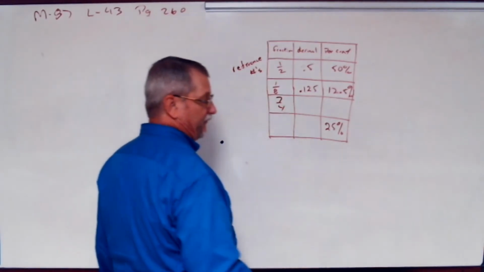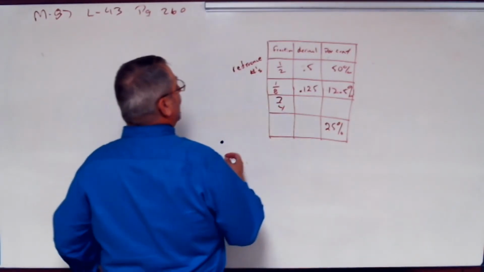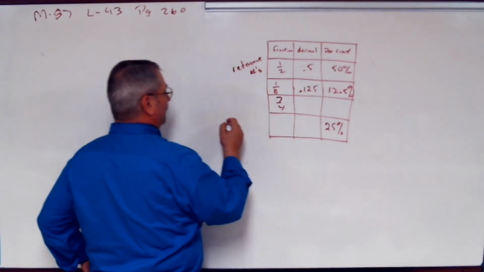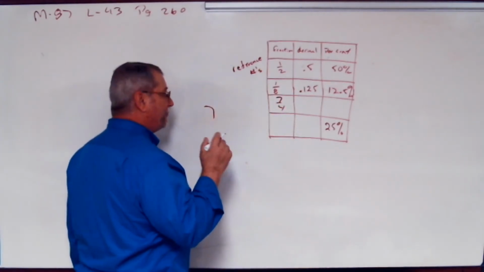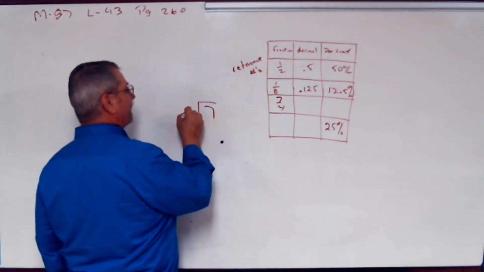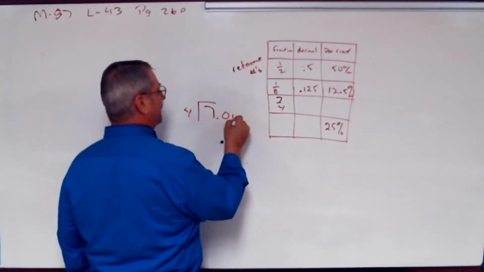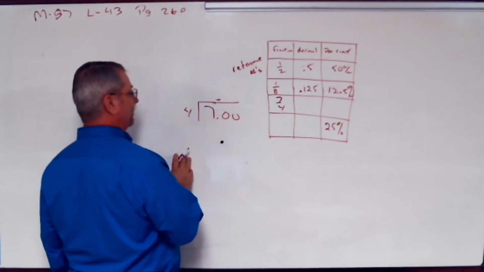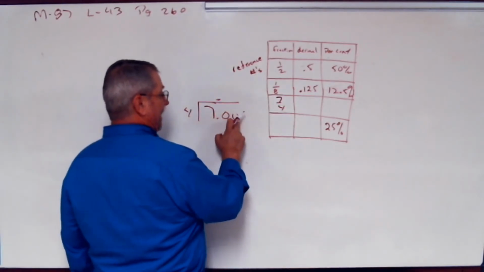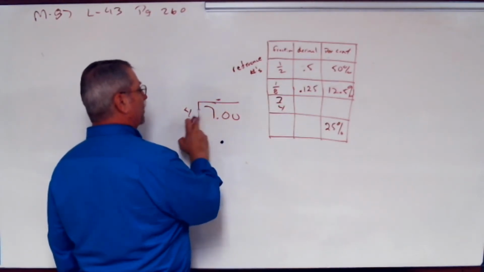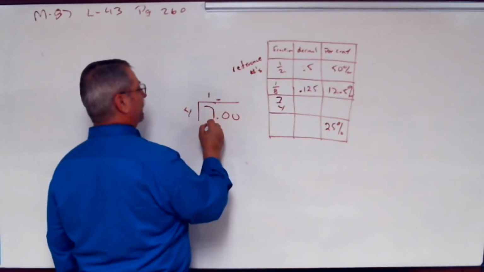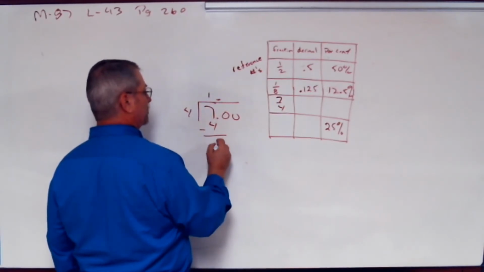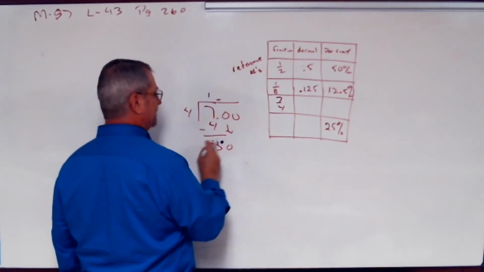All right, next one we have a fraction. Let's change it to a decimal. We said to get from here to here, we divided. So this is 7, and get it in the right places. Divided by 4. Drop a couple of zeros on here and bring your decimal up. I may or may not need that 0, but have it there. 4 goes into 7 1 times. 4, subtract 3, bring down this 0.